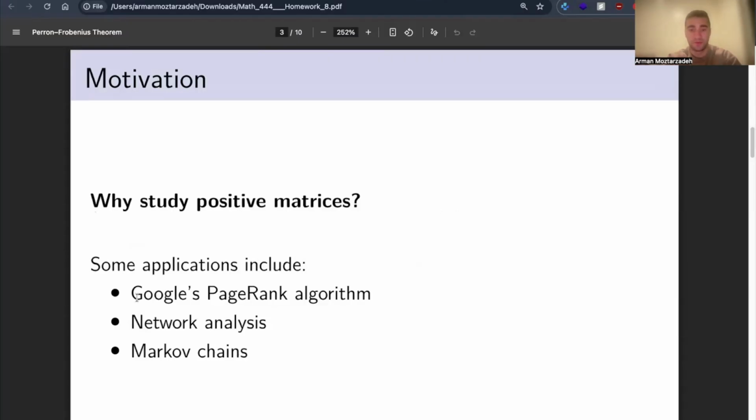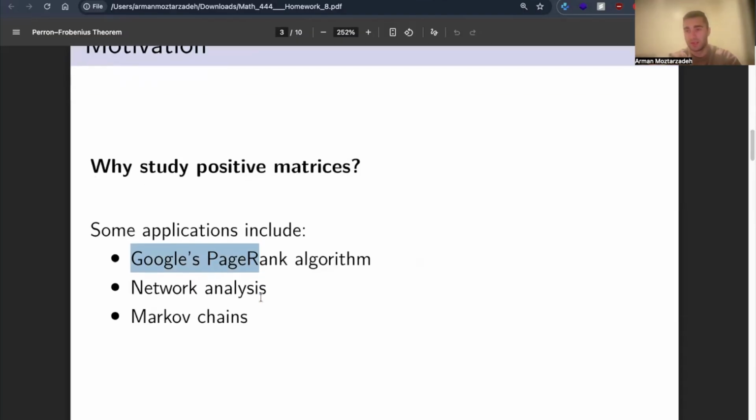But the most influential and famous application is Google's PageRank algorithm. This basically models the web as a network of links between web pages. And the Perron-Frobenius theorem provides the mathematical guarantee that this ranking method produces a stable and meaningful result.